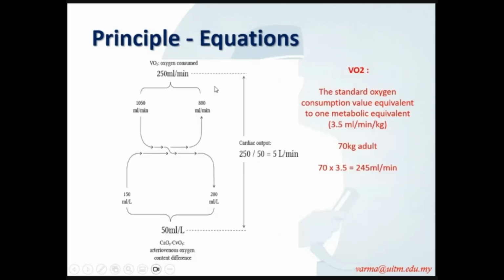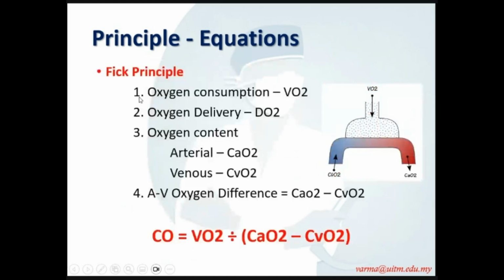So how do we calculate this CaO2 minus CvO2? How do we calculate the difference in oxygen content of arterial and venous blood? This one we already know, 3.5 ml per minute per kilogram. So if we get the weight of the patient, we can find out. So we go back to this equation.